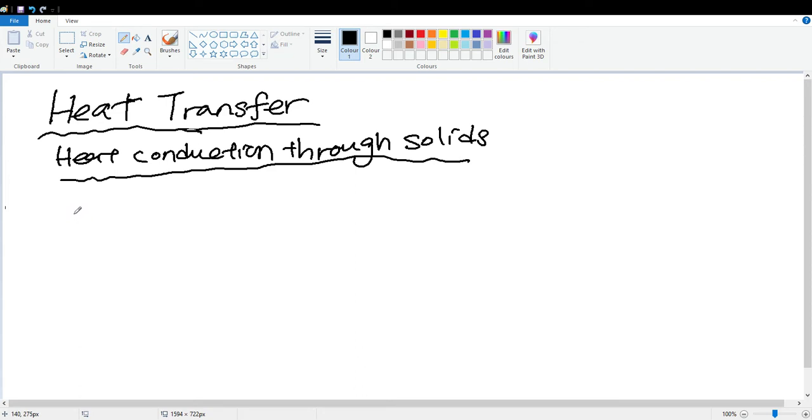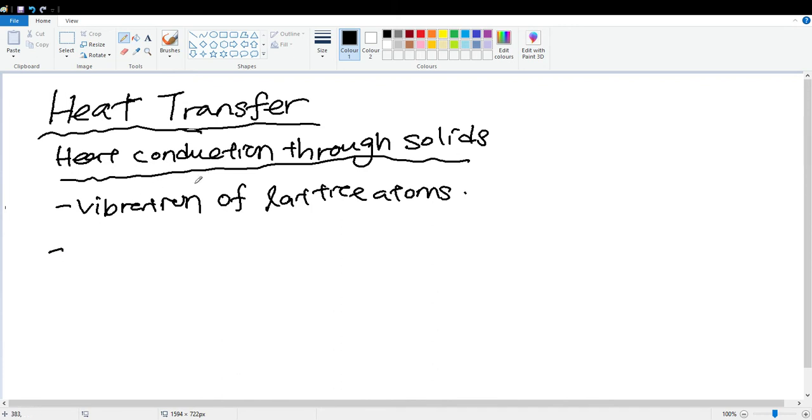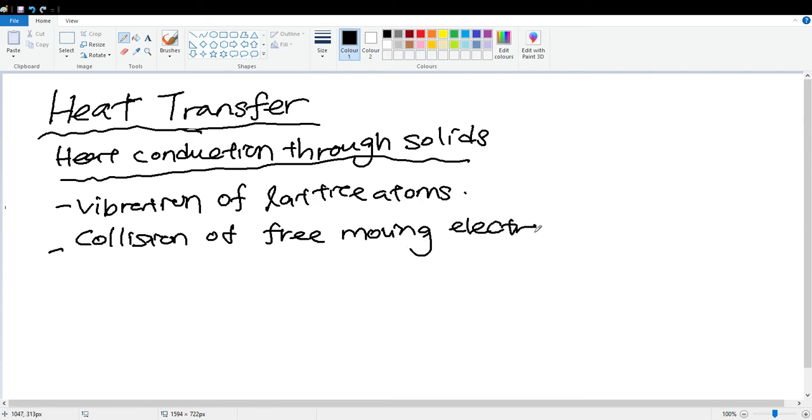The first way is the vibration of lattice atoms. And the second way is the collision of free moving electrons.